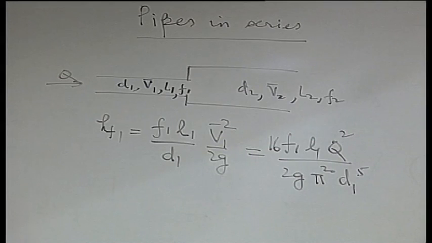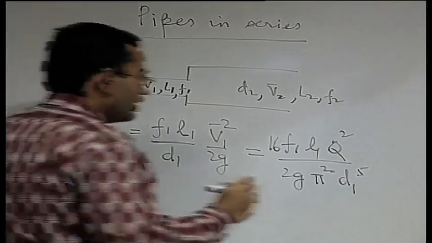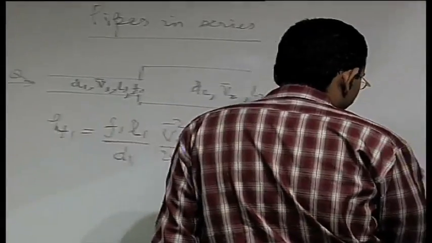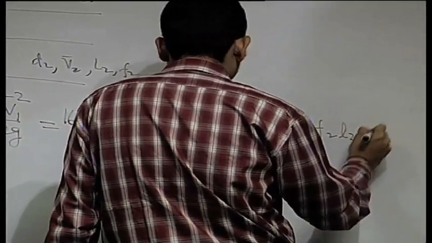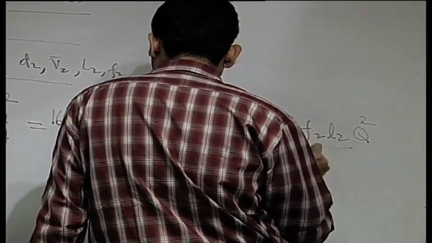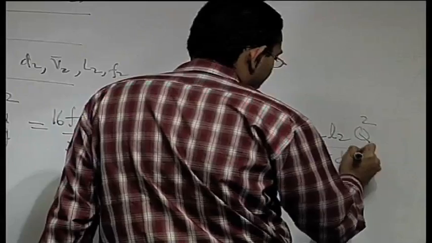When they are in series, the common thing for them is the flow rate, the same flow rate is going through the two pipes. So for HF2 you have a similar thing: 16 F2 L2 Q square by 2g pi square D2 to the power 5.